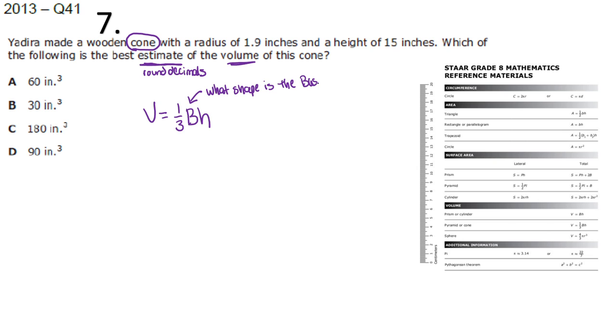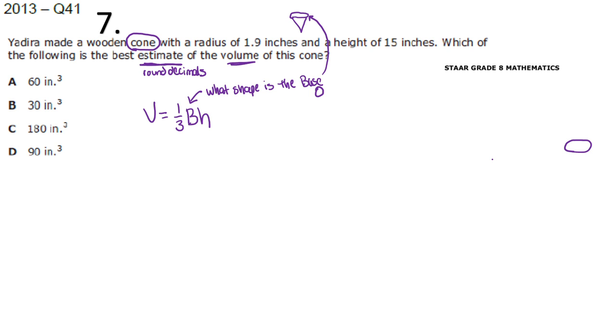If you remember from our last question, a cone is supposed to look like an ice cream, well, something you put ice cream in. So our base is this circle that if you turn the cone upside down on, it can sit on. So since our base is a circle, let's use this right here for circle, which is pi r squared.